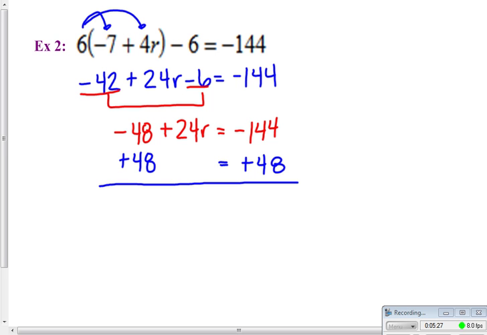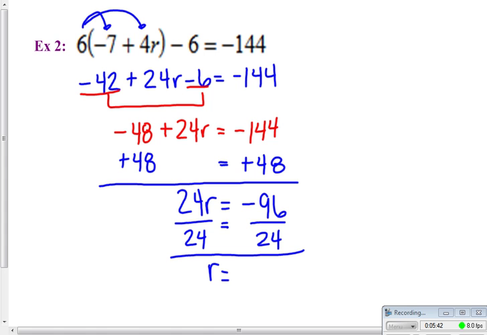We get 24r equals negative 96. Get r alone, divide by 24. And we have r equals negative 4. Again, a way to check it is to substitute r back into the problem.